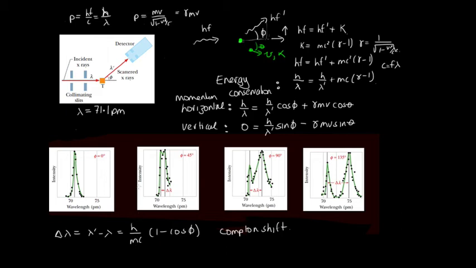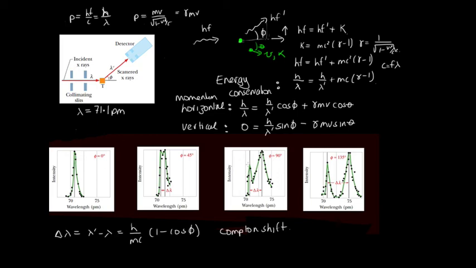The answer to that is that some of the gamma rays are scattering off the electrons, like we've said, but inside the target there are also these carbon nuclei, and the carbon nuclei are very heavy compared to electrons. So if this m becomes much bigger, then the change in wavelength becomes much smaller.